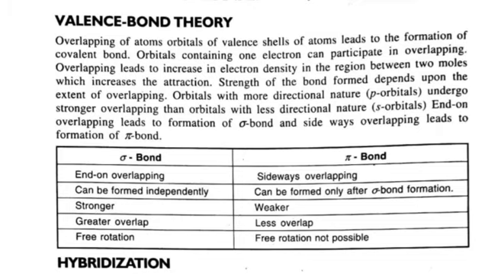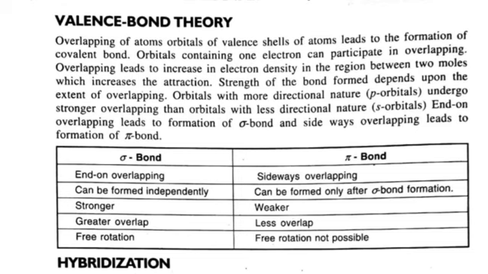In valence bond theory, the overlapping of atomic orbitals of the valence shell of atoms leads to the formation of a covalent bond. Orbitals containing 1 electron can participate in overlapping, which leads to an increase in electron density in the region between the 2 nuclei, which increases the attraction. The strength of the bond depends upon the extent of overlapping.